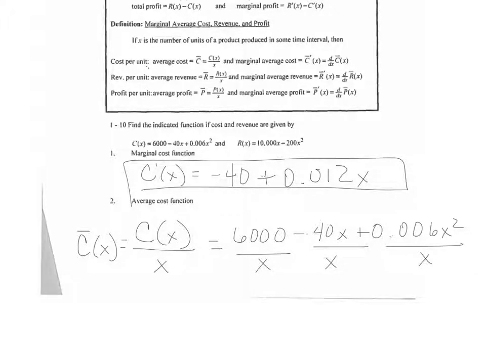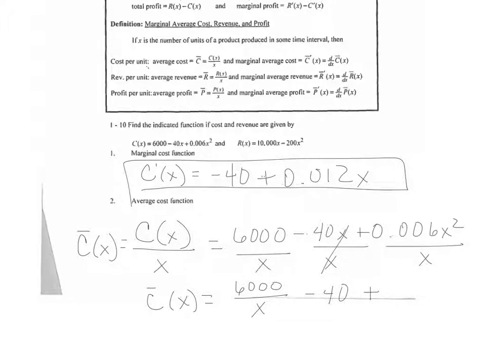Okay? So my average cost function, is there anything to clean up on this first one? No. It's just 6,000 over x. Now, what do you get when you clean up negative 40x over x? What can I do with the x's? I sure can. So that's a minus 40. And then how do I clean up this last term?